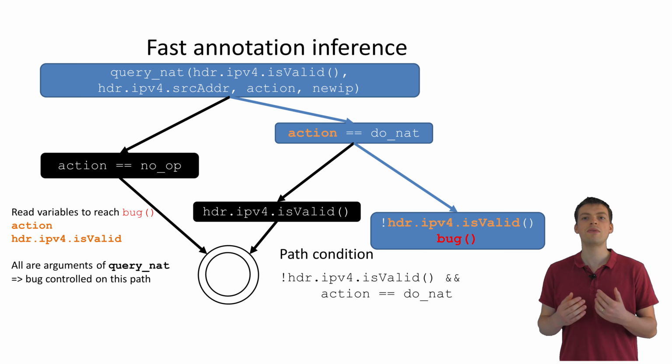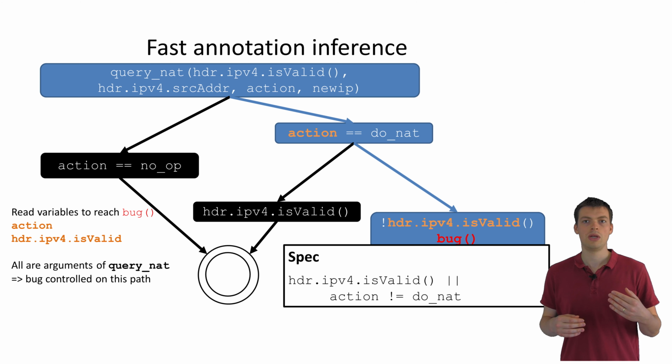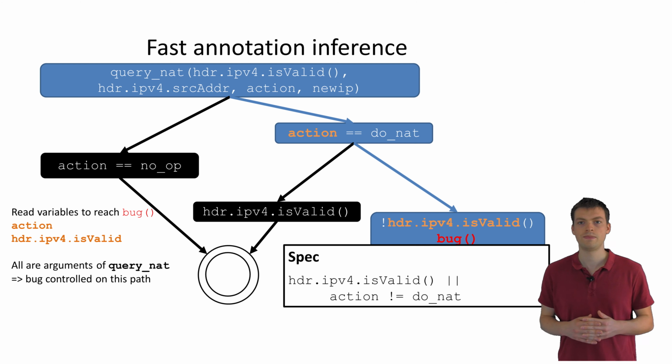Okay, so this means that there is indeed a spec which controls this bug, and this spec is whenever an entry has action doNAT, then always ensure it matches only IPv4 packets.